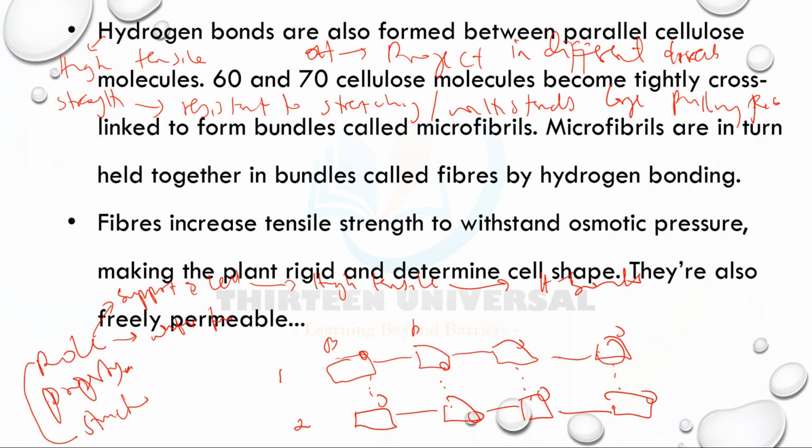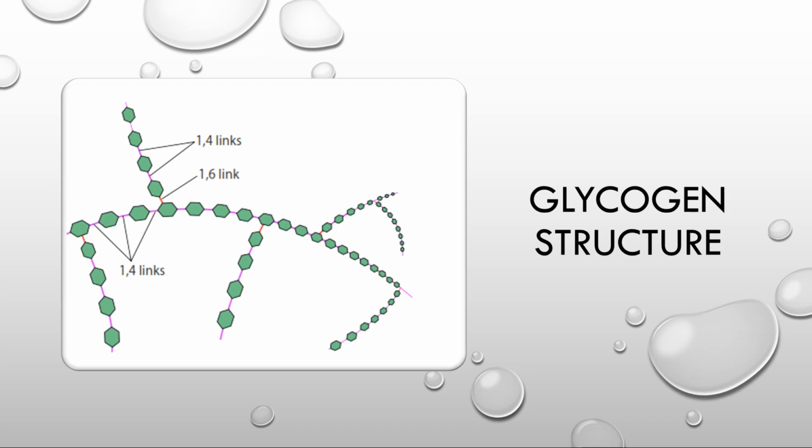That rotation causes OH to be projected in different directions, so they can form hydrogen bonds. The rotation also makes cellulose molecules polar and hydrophilic, and that's why they allow water transport.